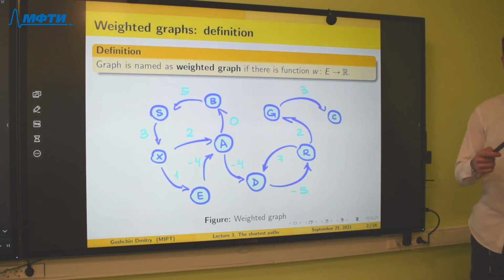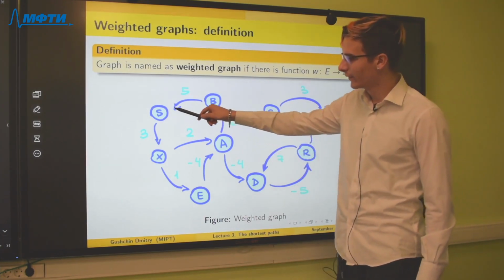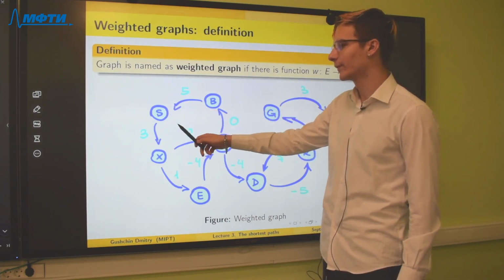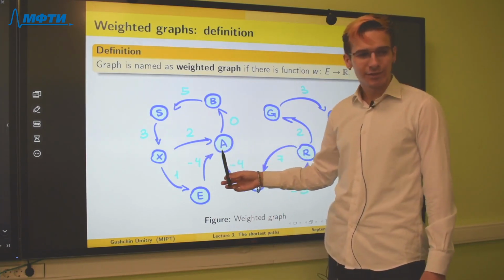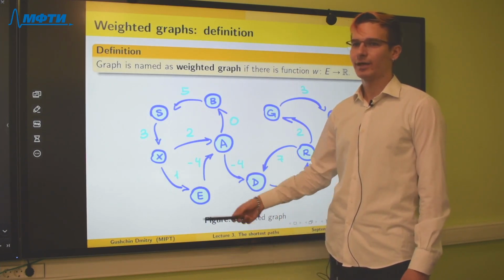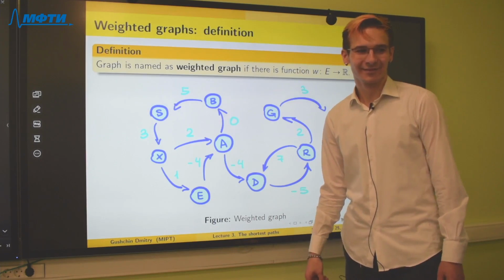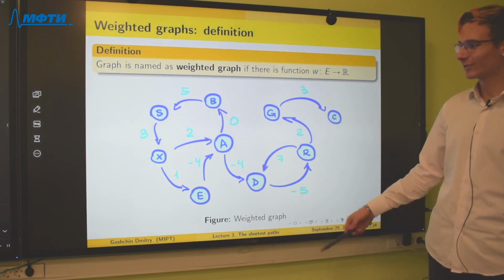But BFS works only with unweighted graphs. If there are some edges with weight more than 1, we can cut them into 2 edges, for example, or into 3. But if you have a weight equal to square root of 2, into how many edges do you need to cut it?